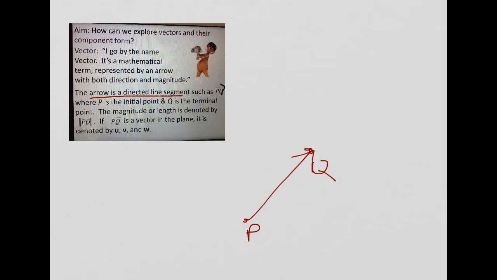Where point P is the initial point, emphasizing that, and Q is the terminal point. And we put the arrow there at the terminal point. The magnitude or length is denoted by this double vertical bar, and you write vector PQ in there. Draw in the arrow. It's, again, not updating, so that's supposed to be an arrow.